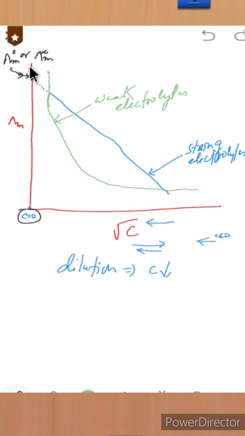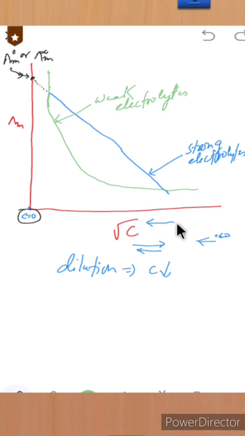But for this video I am just drawing the graph for molar conductivity and the under root of c. In this direction concentration increases, but I explained about decreasing concentration, meaning dilution, so we need to go this direction.